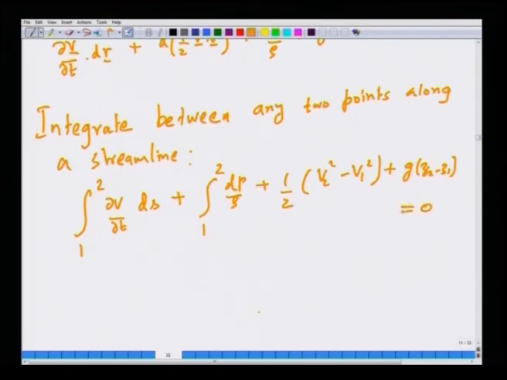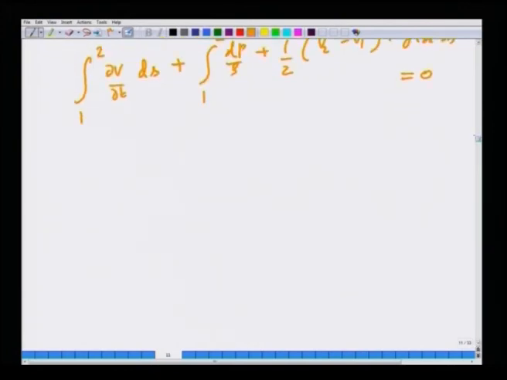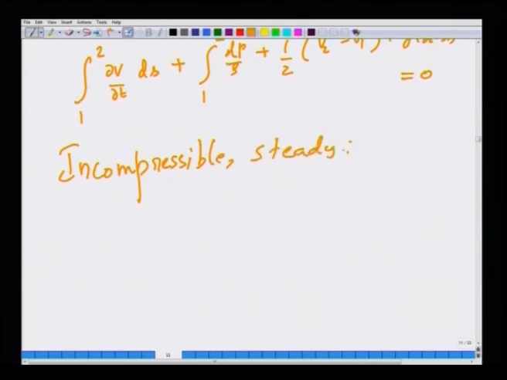Okay. Now, let us consider an incompressible and steady flow. Steady flow means this is 0. So, you will have the integral of dP by rho, rho is constant, so you can integrate this.